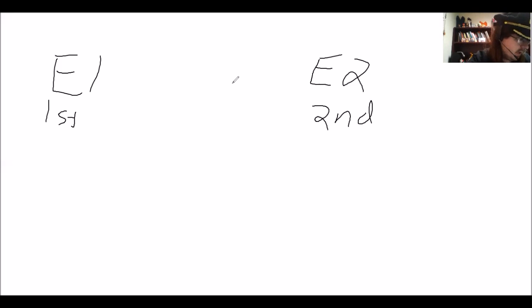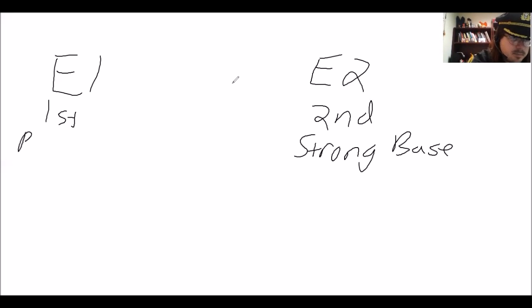E2, it once again happens simultaneously. So in E2, the big thing is it needs a strong base. But in E1, base strength is unimportant, because once it's in a carbocation, the proton is a lot more willing to leave.